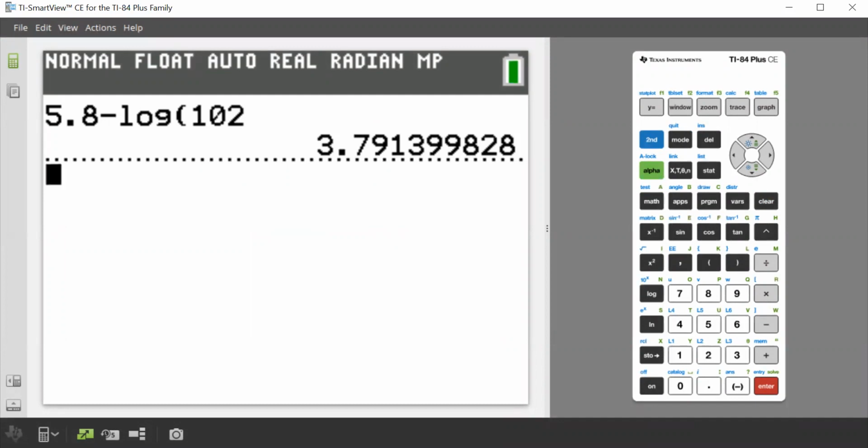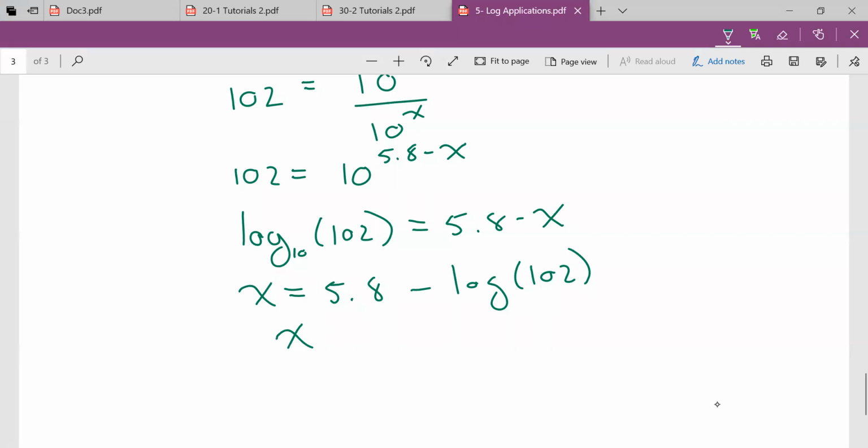That's it, my friends. So there is the intensity that we're going to have of this one. We would say x is equal to 3.8. So the magnitude of the other earthquake was 3.8.